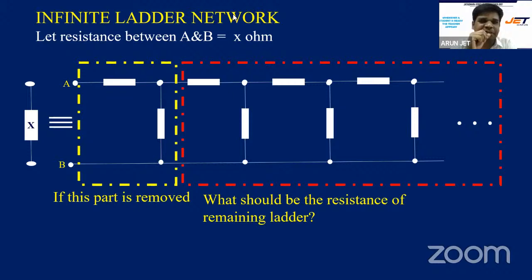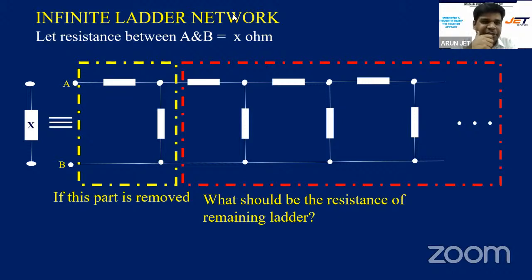All right, Shashank. So what do you think the equivalent resistance of the red boxed unit is? If I remove one yellow unit, what will be the resistance of the infinite ladder in the red box? What should be the resistance of the remaining ladder, if I remove one unit of the ladder, because it's infinite?